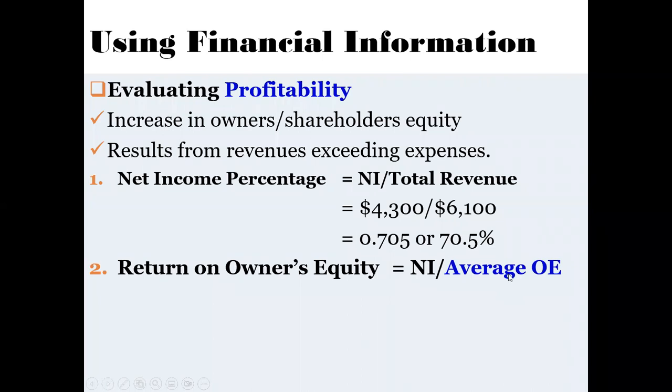The average owner's equity is the beginning owner's equity plus the ending owner's equity divided by 2. That's how we get our average owner's equity. So look back at your statement. What is our beginning owner's equity again? 23,660. That was the beginning owner's equity.